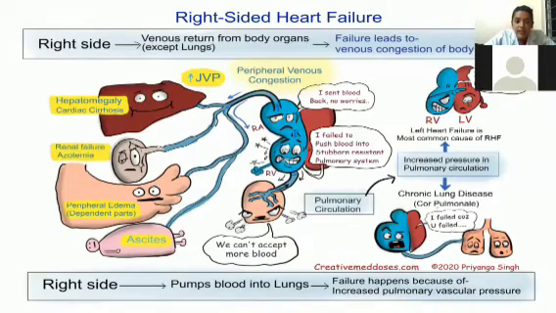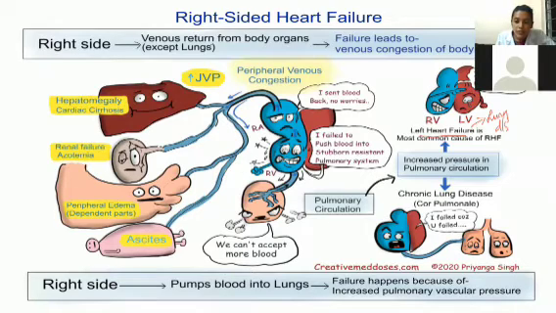And in right-sided heart failure, what will be there? Right-sided heart failure mostly occurs due to left heart failure, or for the other reason we already discussed, chronic lung diseases. So due to this, increased resistance in the pulmonary artery will be there.